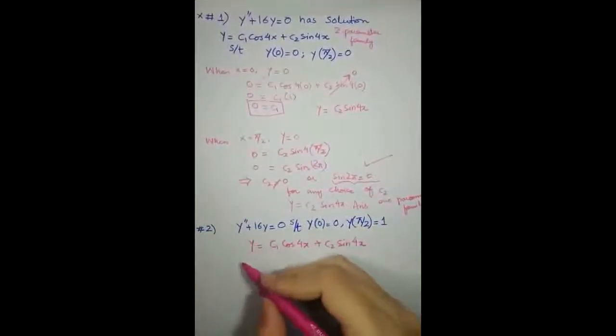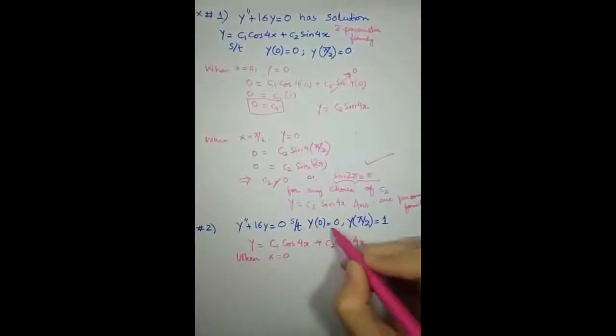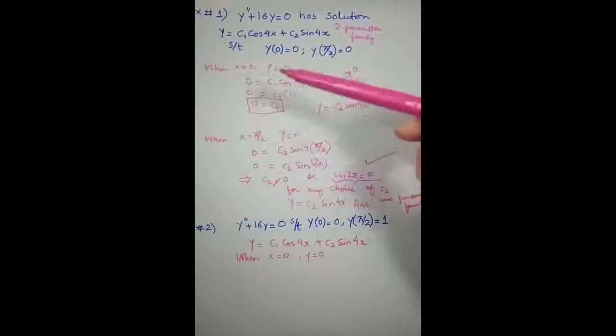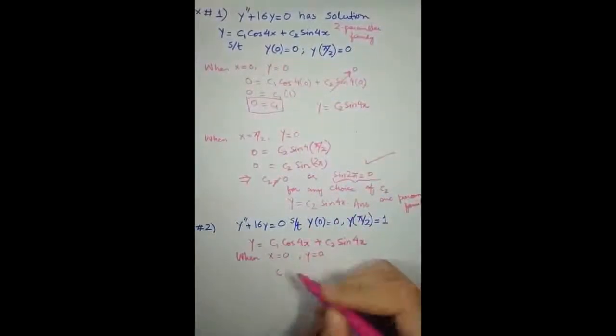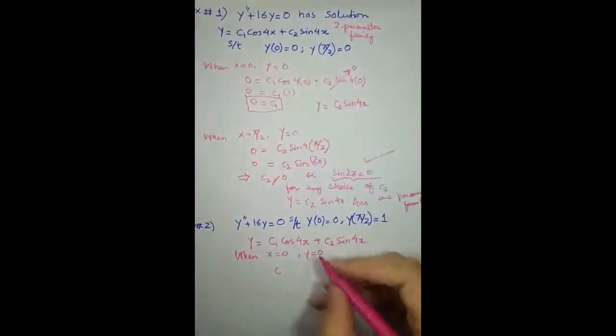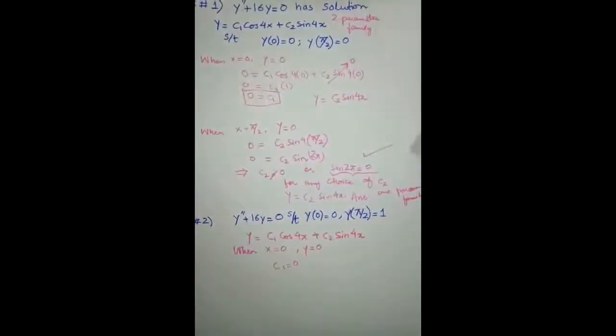So when we apply the first condition, when x is 0, y is 0, it gives the same result as we have done before. So solving this, we get C1 equals 0. I'm not doing it again.